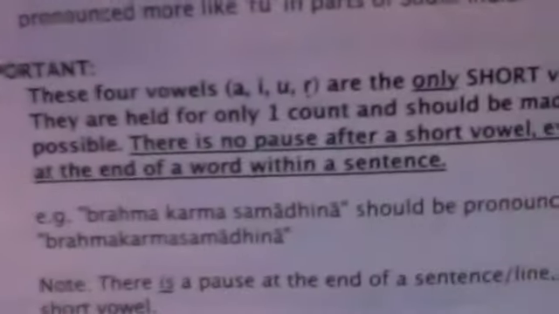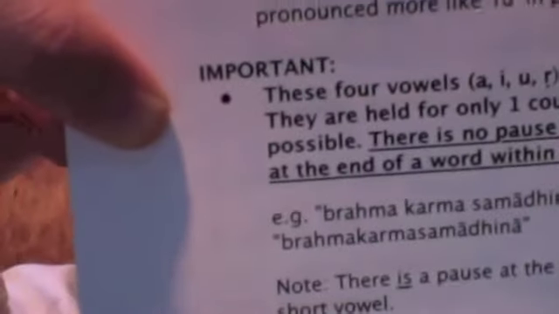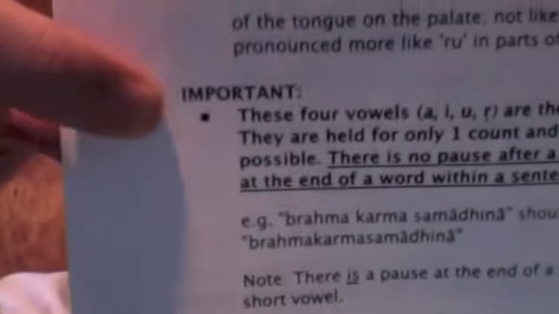So that concludes all of the short vowels. And I have written here a very important note after I've introduced the 4 short vowels. You can see it right there next to my finger. Important. And I'll let you read along on your own paper there, but it says important.